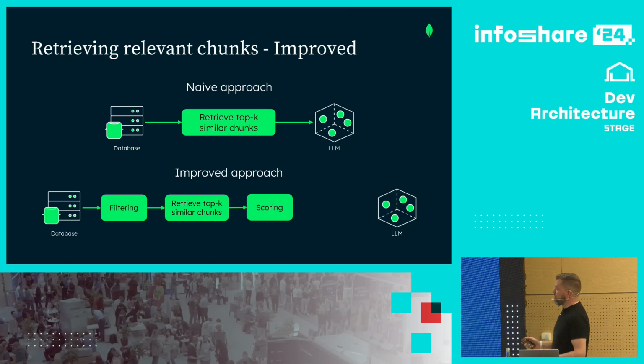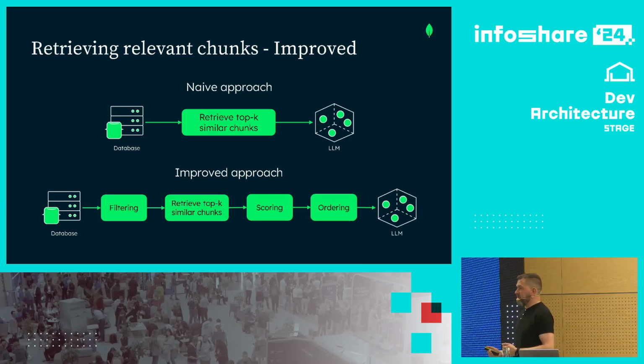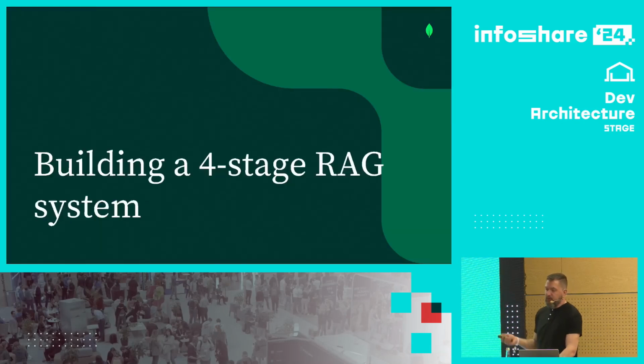And then let's add a scoring step. This is where we can incorporate some user feedback possibly and do rescoring of the chunks as well. And then finally, an ordering step where we might use a better re-ranking model. That would allow us to, again, have the best results at the top of the LLM's context window. And so now that I've convinced you that we need a four-step system, let's dive a little bit deeper into each of those stages.